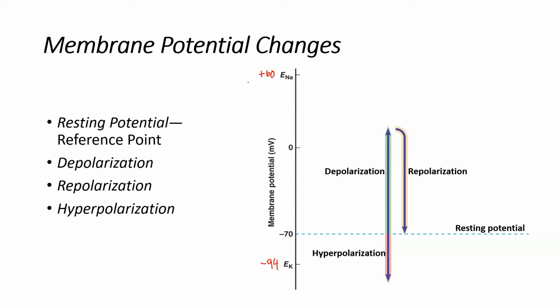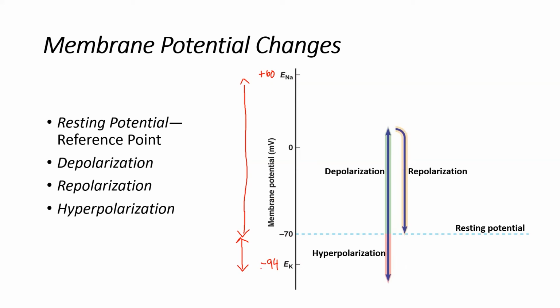We talked about the fact that the distance away from rest, that sodium's equilibrium potential is really a reflection of the force, the magnitude or strength with which sodium wants to move. The same is true for potassium. The further away we are from the equilibrium potential of that ion, the stronger that ion is going to want to move.